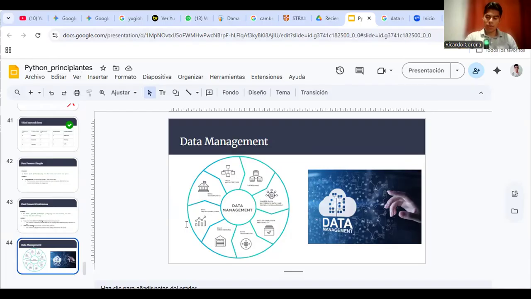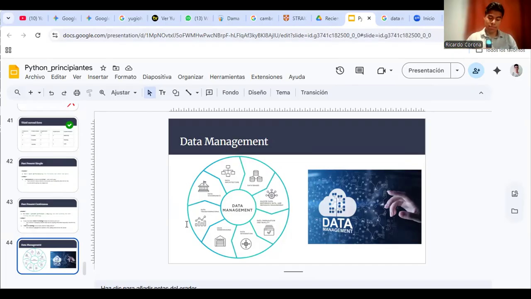We need to combine the technical knowledge with other business knowledge to help the company get the best information and innovate in the company.